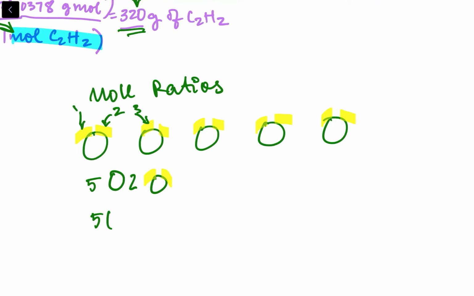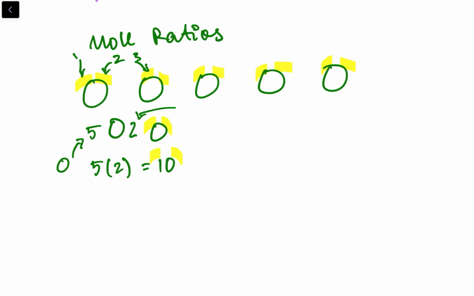So we simply do 5 times 2, and that will give you 10 pigtails. That essentially means that we use a mole ratio. Similarly, we have 5 moles of circles and 2 moles of pigtails per circle. So when you do 5 times 2, that will give you 10 moles of pigtails.